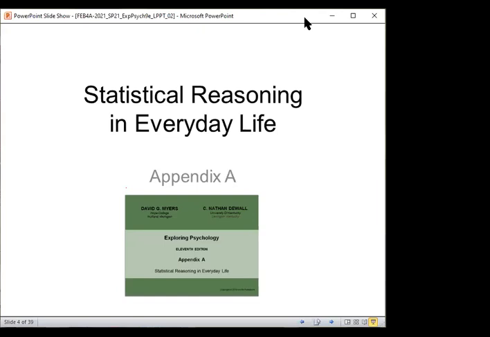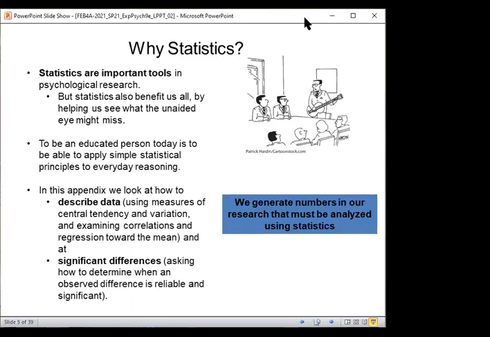We can conduct the research, and once that research is conducted and we generate numbers, we have to do something with those numbers, and that's where statistics come into play. It's not only about coming into play in the research, but we also need to be aware that we use them for everyday life as well.